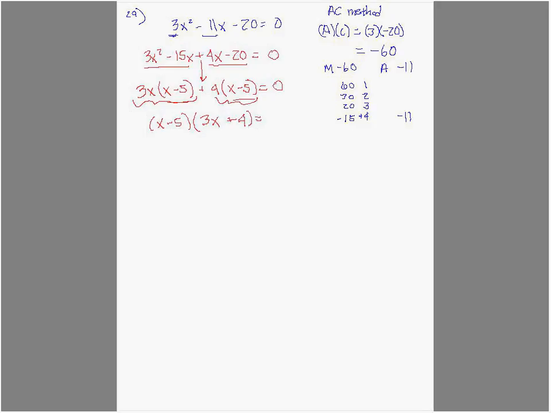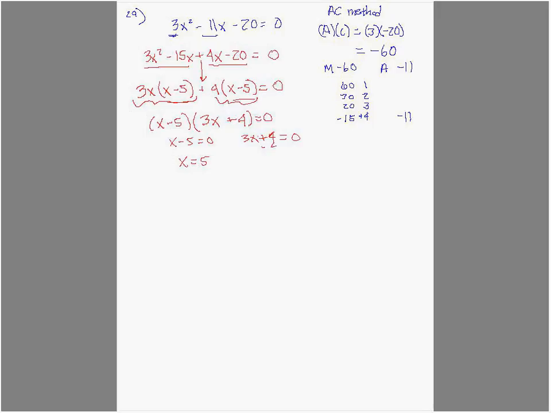Okay, so now they're fully factored, and we can set each of these factors equal to 0 and solve. x minus 5 equals 0 and 3x plus 4 equals 0. In this case, we're going to have x equals 5.